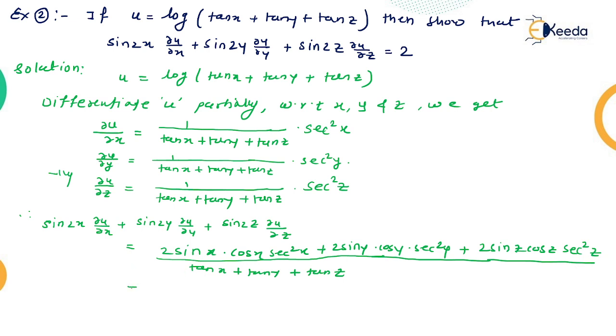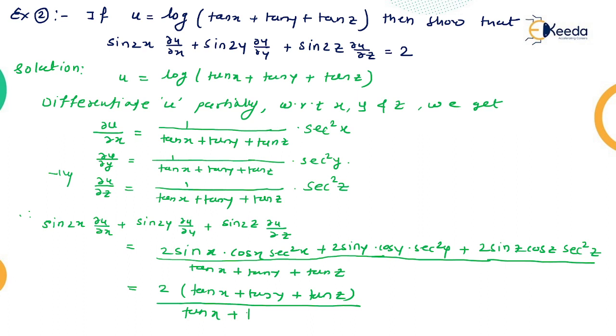So this equals 2 as a common factor, and observe 2 sin x cos x into sec square x. After simplification you will get clearly tan x plus tan y plus tan z divided by tan x plus tan y plus tan z.